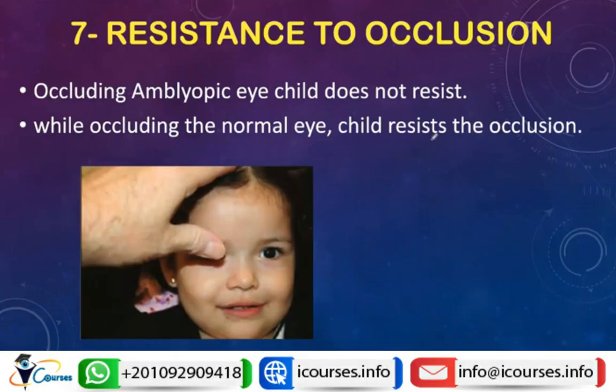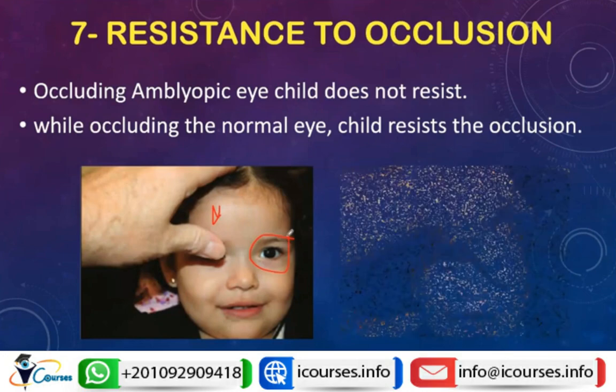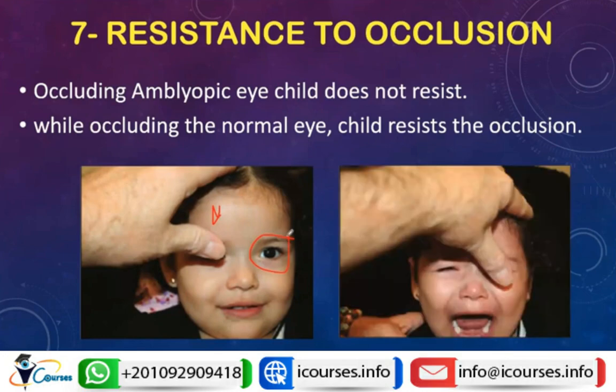For example, this is a child who has right amblyopia. When you occlude the right eye, this patient doesn't have any problem. She is happy because she depends on the left eye for vision. But what happens when you occlude the left eye? Oh, she's crying. She is not comfortable because she is depending on the left eye for vision, and now she cannot see with the right eye as it is amblyopic.